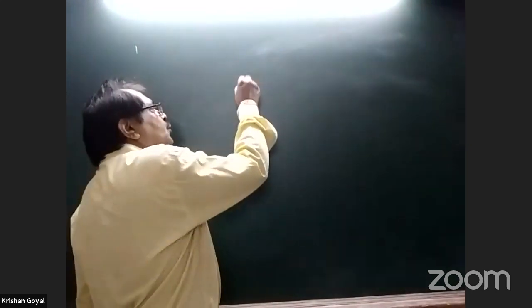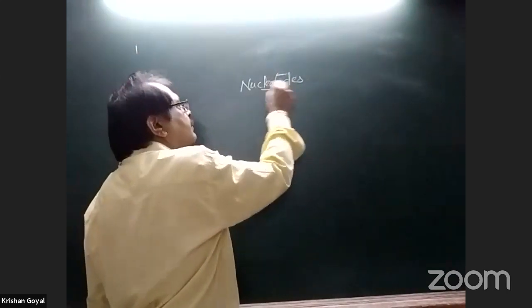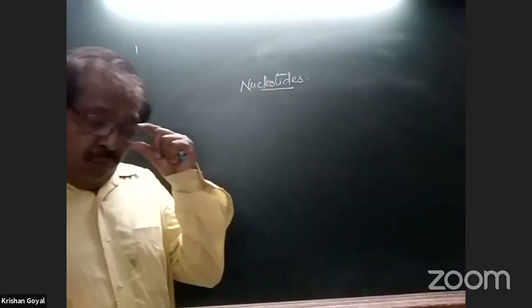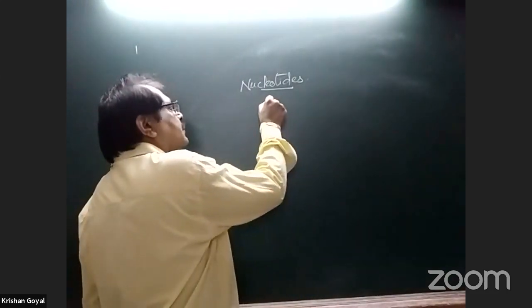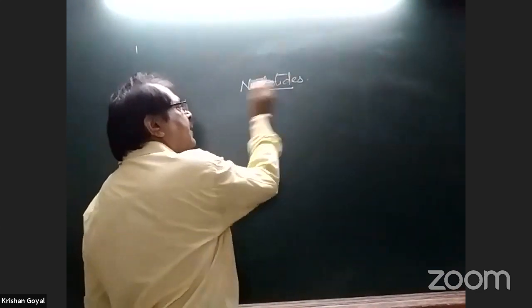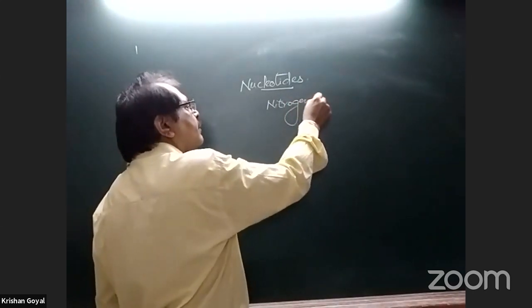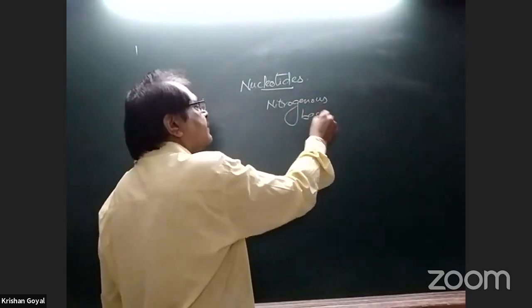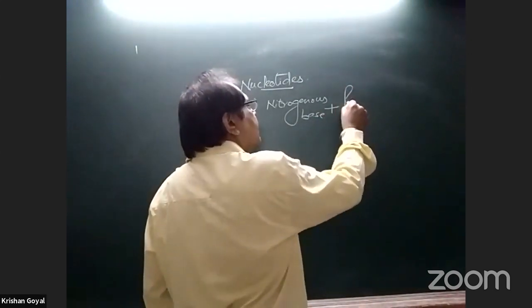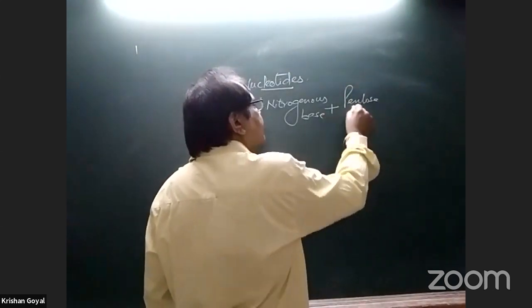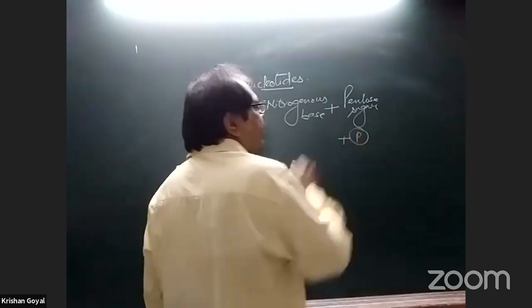Now we come to nucleotides. One nucleotide is made up of a base, let us say nitrogenous base, plus pentose sugar, plus phosphate.